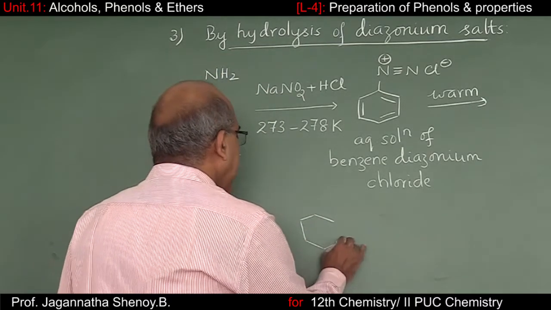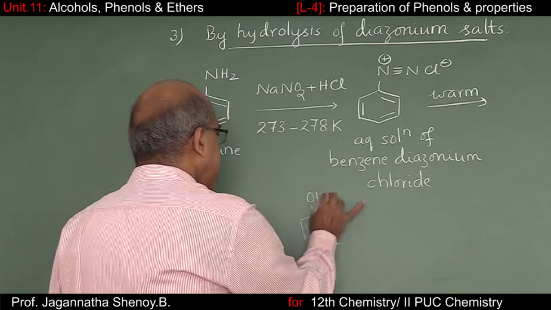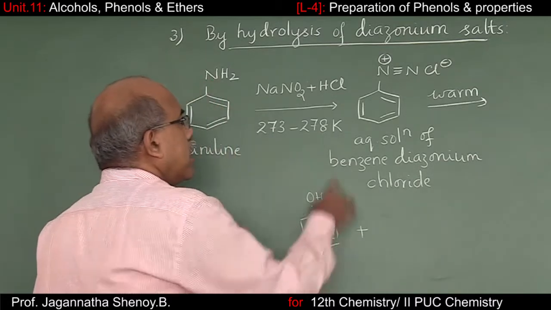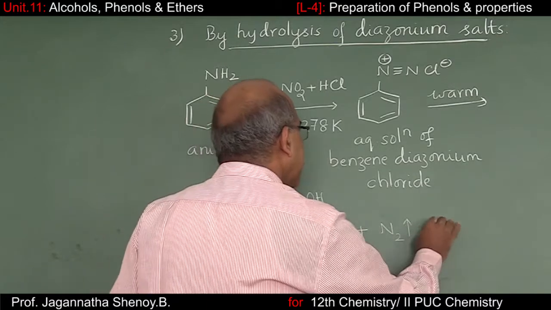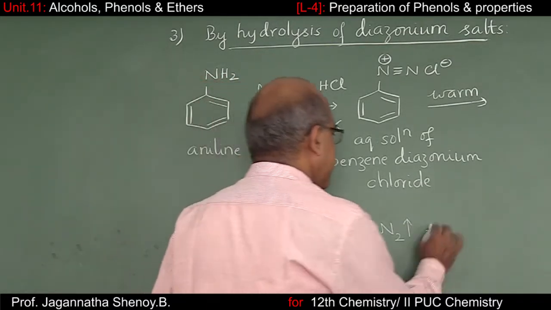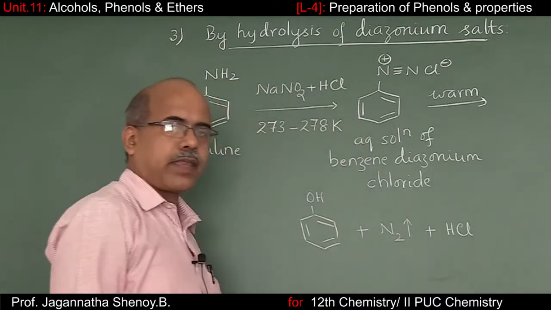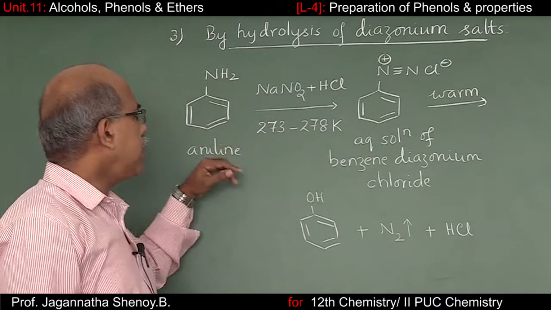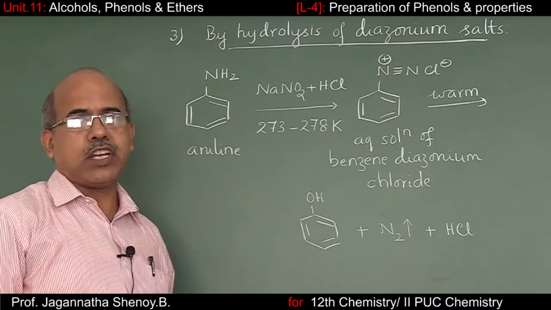The entire diazonium group is replaced by the OH group, a molecule of nitrogen is formed, and in addition HCl will also be formed. So this way it is possible to convert benzene diazonium chloride into phenol.